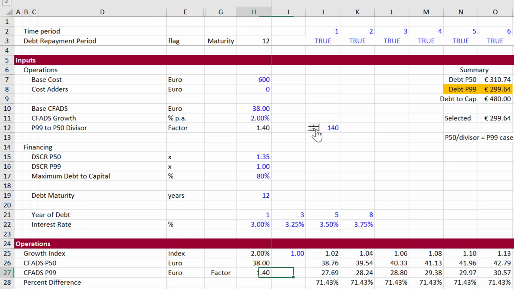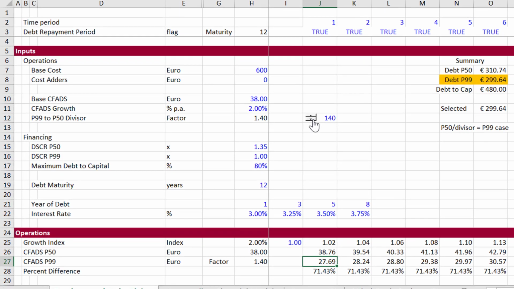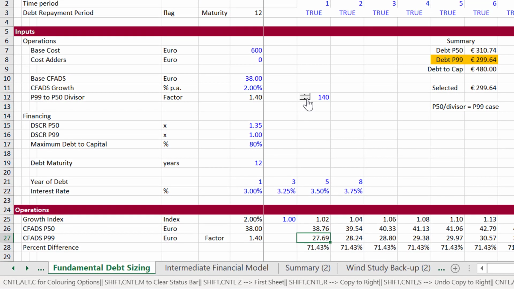I took off the little yellow tabs that showed what calculations you should do. I have another file on the website that you can use. So if we take this one divided by the P50 case, we get this one. So the ratio of the P90 divided by the P50 is 71%. Now, I'm going to give you the result kind of quickly here.